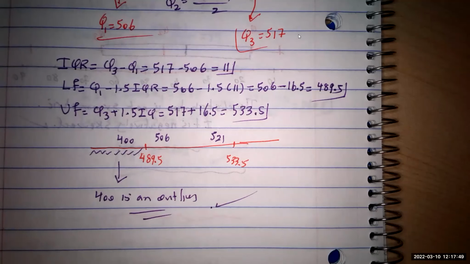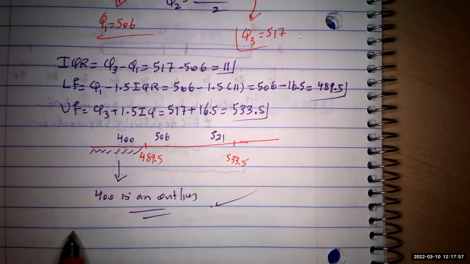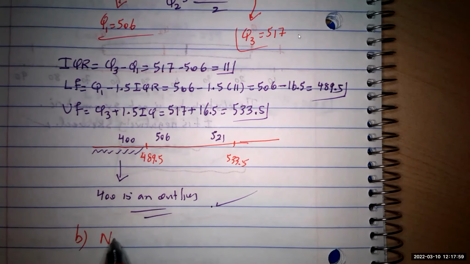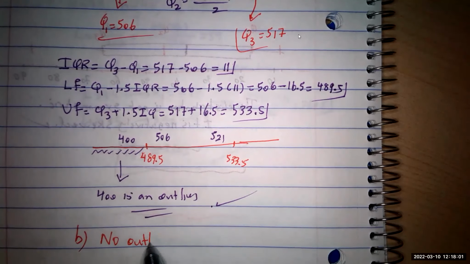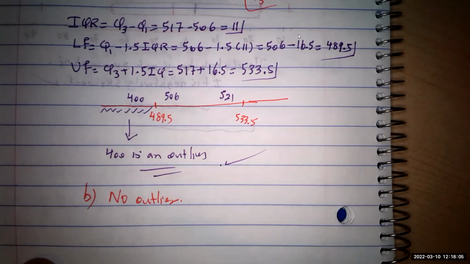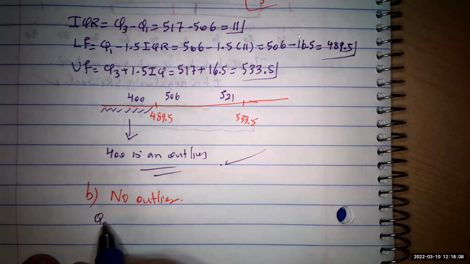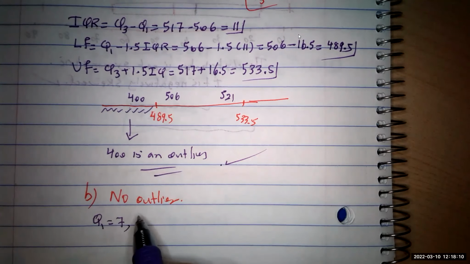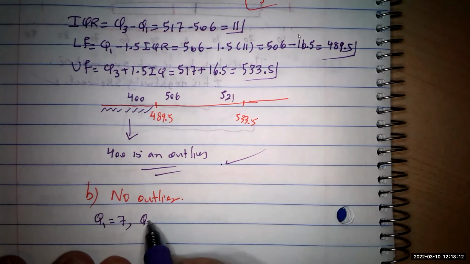Any question? The second one won't have any outlier. I'll just give you the numbers; check it for yourself because I don't have time to give you all the details, but that's it, no outlier. These are the numbers that you have; check it for yourself. Q1 would be 7. Q3 would be 14.